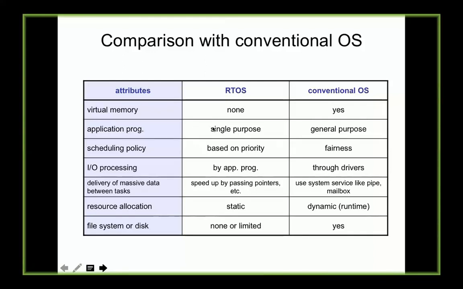Application program is single purpose here, there it's general purpose. Scheduling policy is on priority here. There you have round robin fairness. So you have a time slice given there. Even IO processing usually is performed by the application programmer. They directly talk IO to the pin ports and all. Here we use drivers to do that.